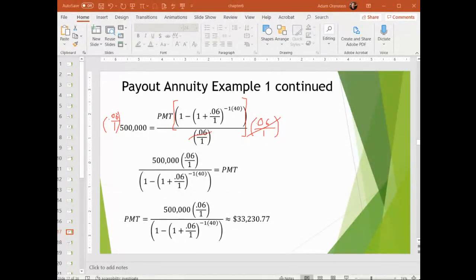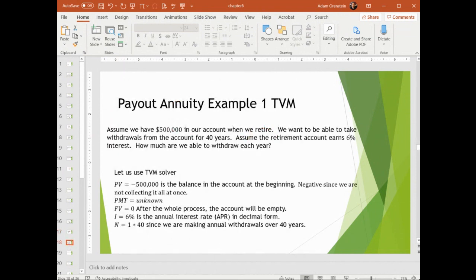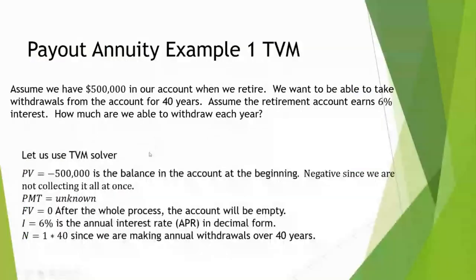Okay? So I got to stop sharing, well, actually, before I share it, let me do this. There we go. But again, this is just the same question here, okay? The only difference now is I'm going to use that TVM Solver, but we have to get the parameters in there. Notice that PV is negative $500,000.